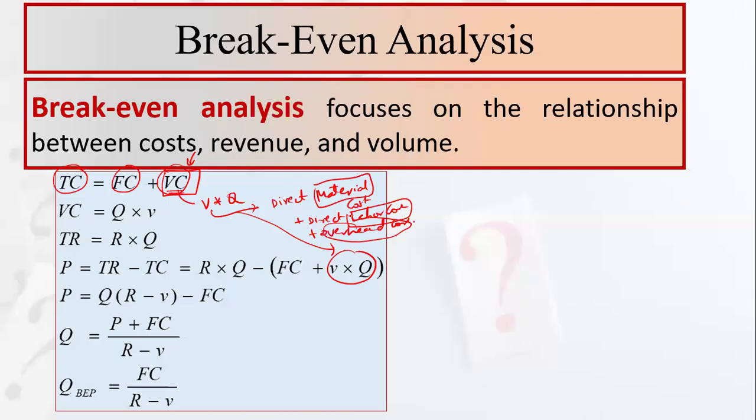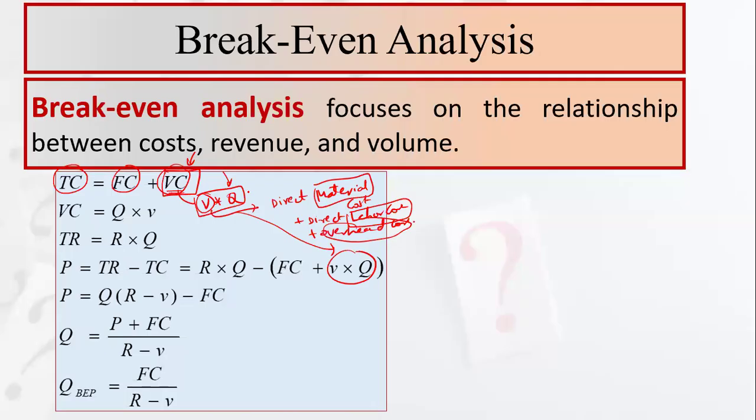Overhead cost is the indirect cost. Did you understand clearly what I said? For each item, there is a material cost, labor cost, and overhead cost. For each item, you can quantify that item cost, that is V. Multiply by Q, the number of items you're producing.